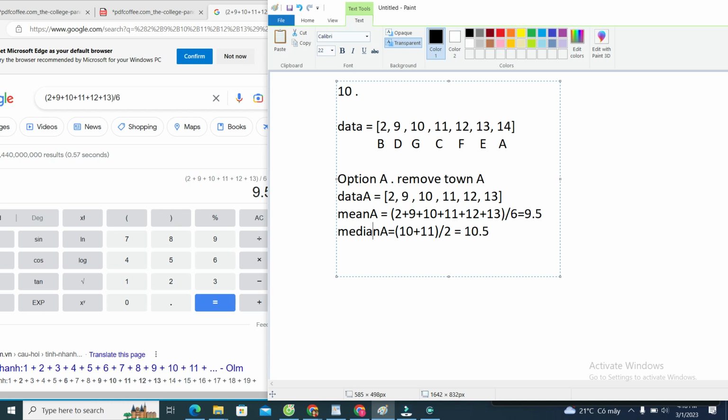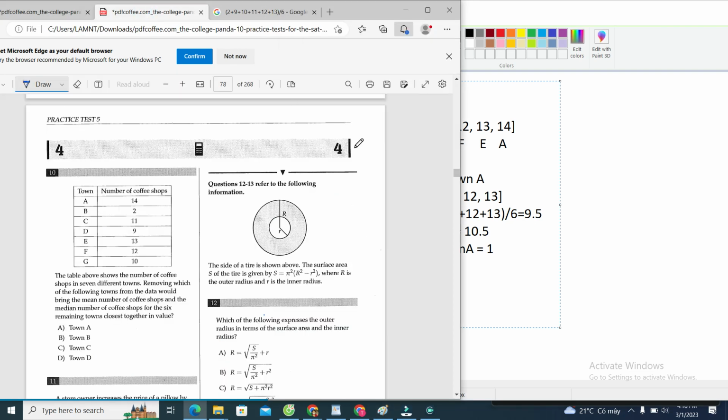The gap value, gap A, is median A minus mean A, which is going to be 1. Okay, so let's calculate option B.